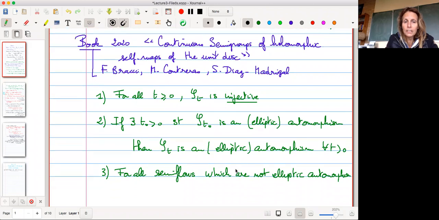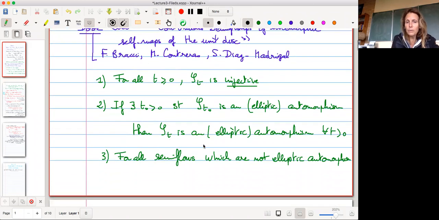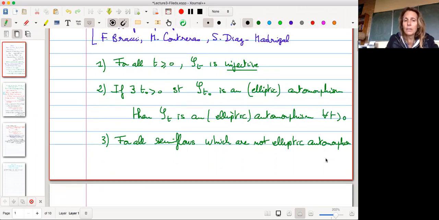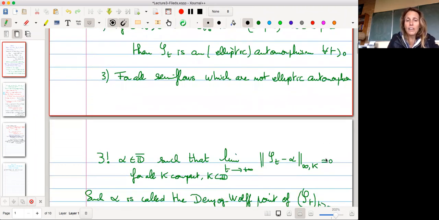And moreover, for all semiflows which are not elliptic automorphisms, there is a unique point in the closed unit disk called alpha, as previously, such that the limit of phi_t minus this point, when you take the sup norm on a compact subset of the open unit disk, tends to 0.